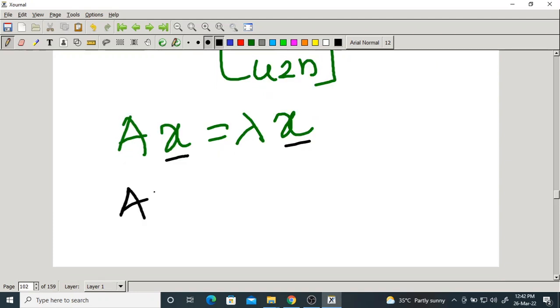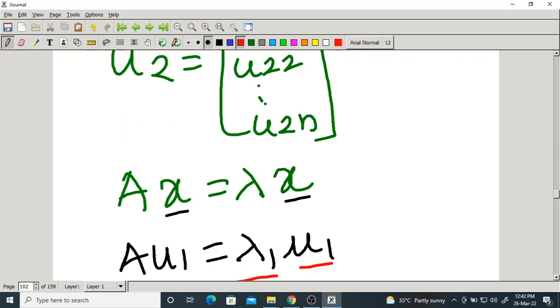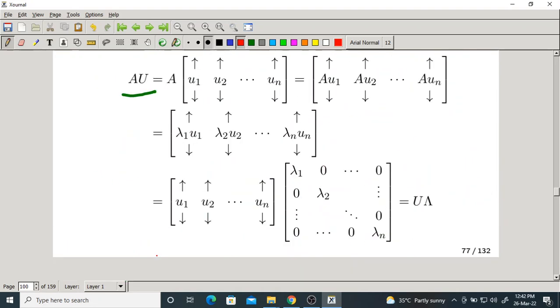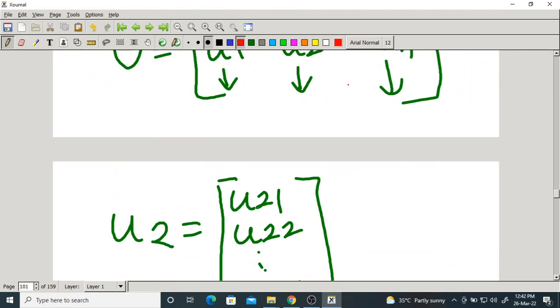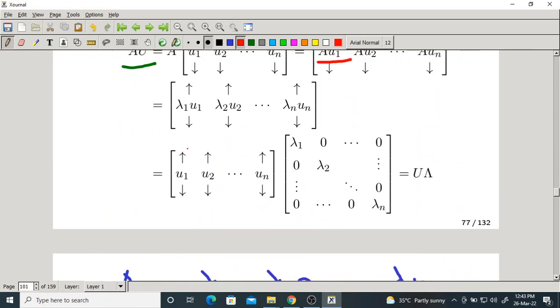So AU1 equal to lambda 1 U1. U1 is an eigenvector corresponding to eigenvalue lambda 1. So AU1 is lambda 1 U1. Next lambda 2 U2, up to lambda n Un.